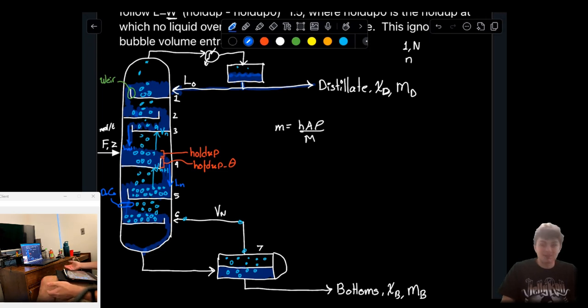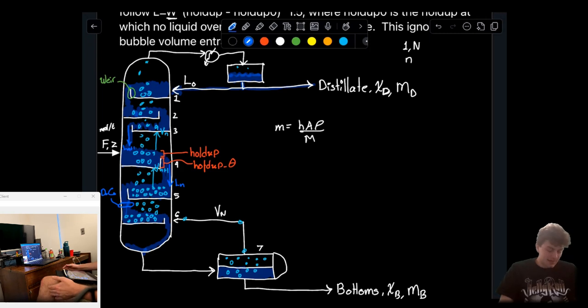Sometimes it's a little hard to remember that the n term for either the vapor or the liquid is what's coming off of the tray, not what's going onto the tray. And so usually I can catch myself pretty quick now because I've done this a couple times, but I do generally end up making that mistake at least once.